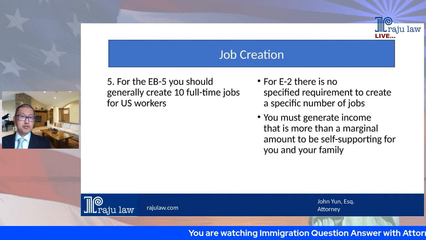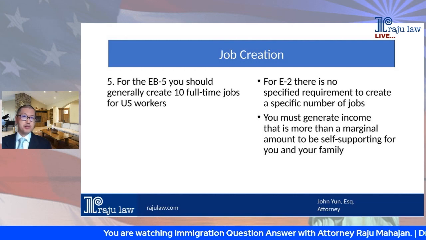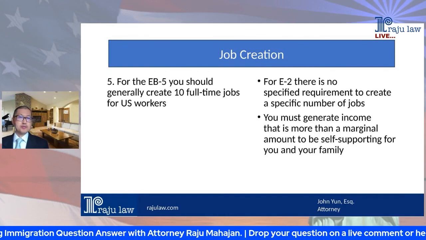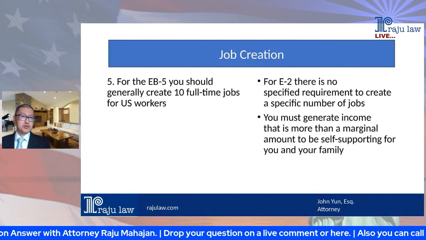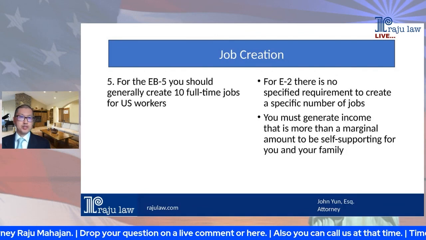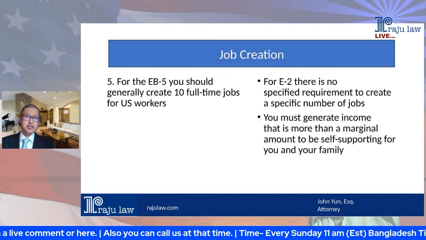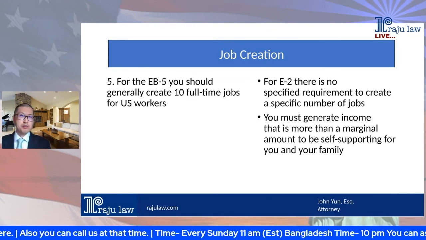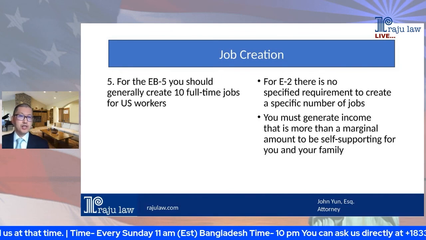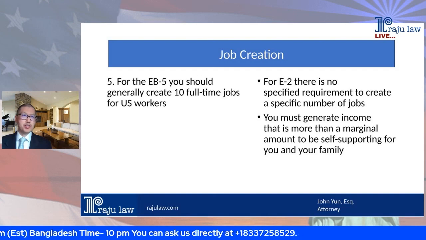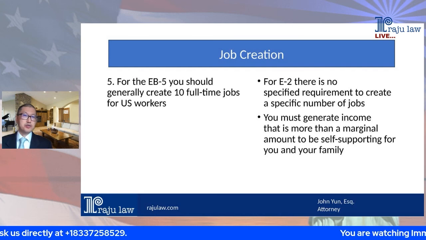And as Benjamin said, for job creation, generally for EB-5, we're aiming to create 10 full-time jobs. And it depends, obviously, as we said before, if you do a direct or regional center investment. For the E-2, there isn't a specified requirement to create a specific number of jobs, but you are trying to substantially develop the enterprise, so that you have income that's more than just a marginal amount that supports you and your family.